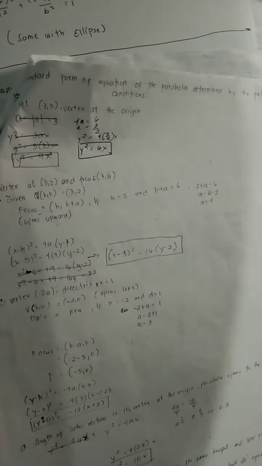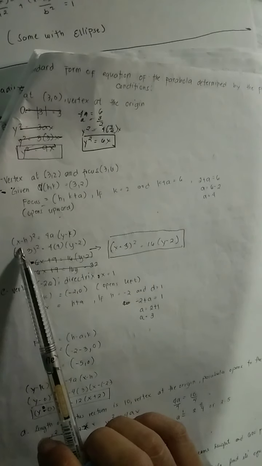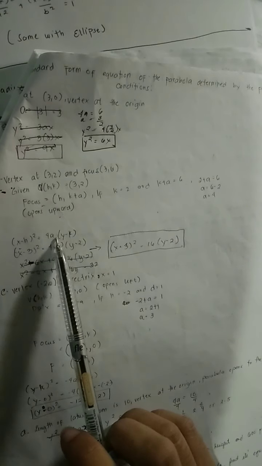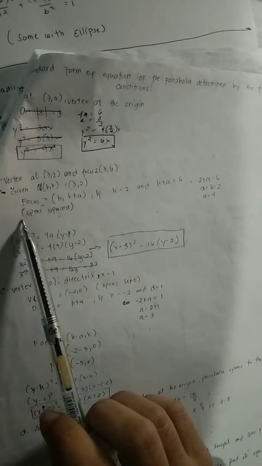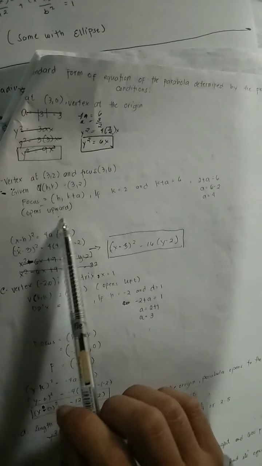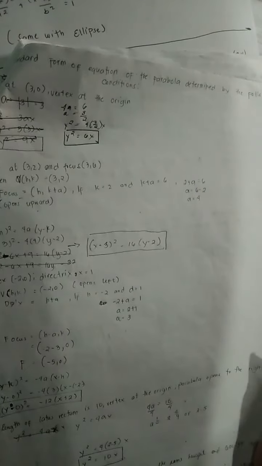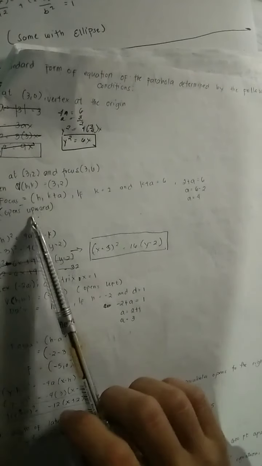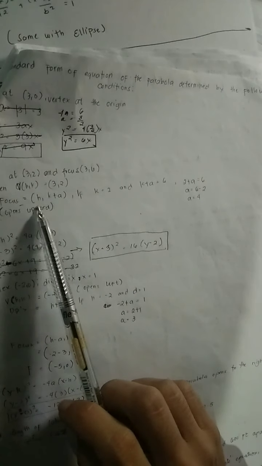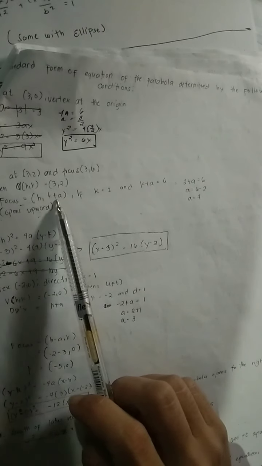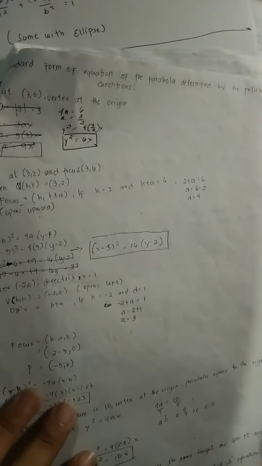So here it is: (x minus h) squared is equal to 4a times (y minus k), because the parabola opens upward, and it has a focus which is (h, k plus a).